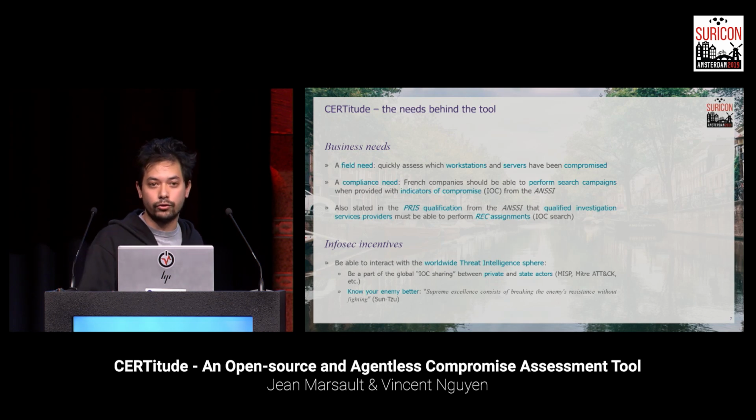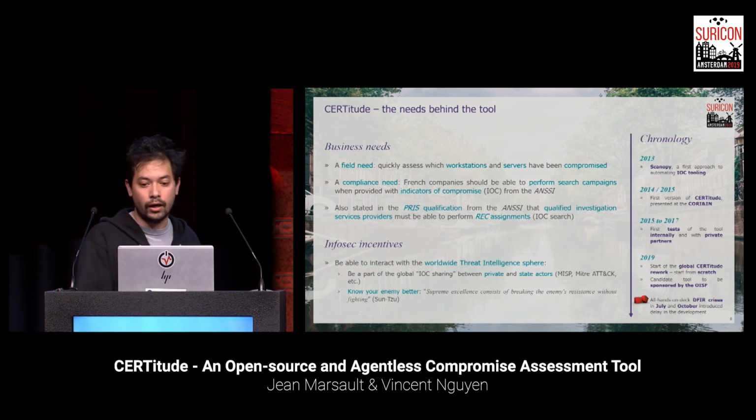Last but not least, we want to contribute to all the great work done in the community and especially in the threat intelligence sphere. So we want our tool to work easily with tools such as MISP, OpenCTI, MITRE ATT&CK, and so on. Based on all these needs, we started to work on CERTitude back in 2013 with the first approach of CERTitude, which was called Scanopy. Then Jean joined our team and started to work on the very first versions of CERTitude.